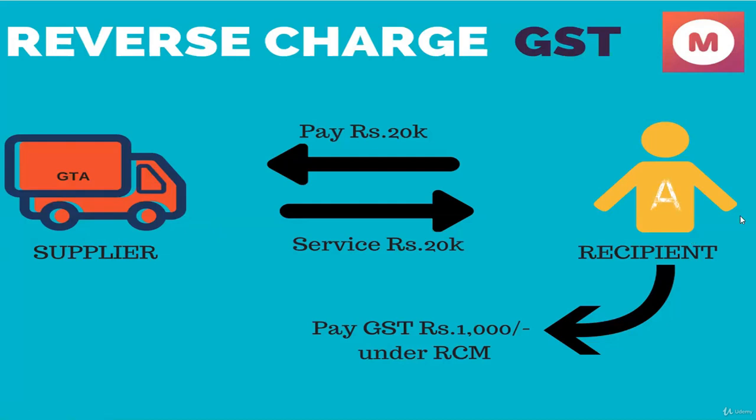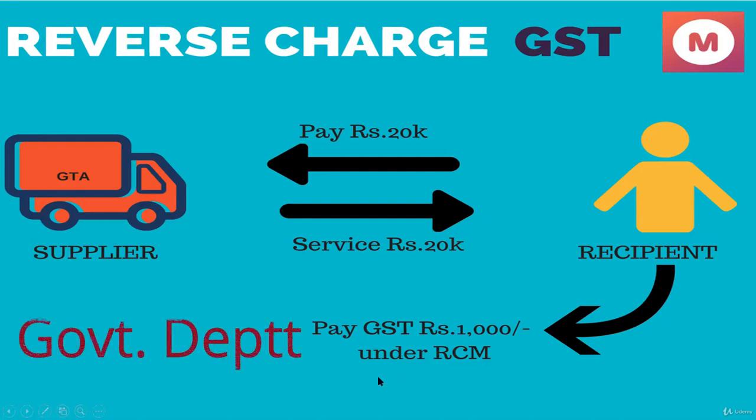The recipient of the service from GTA will pay only rupees 20,000 to the supplier, and the rest of the tax amount, that is 1,000 rupees, the recipient will pay as GST under the reverse charge mechanism directly to the government department.